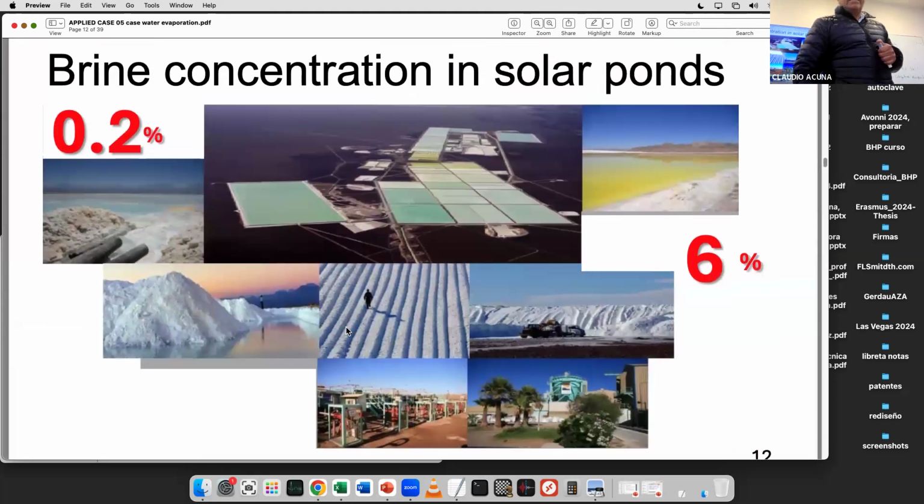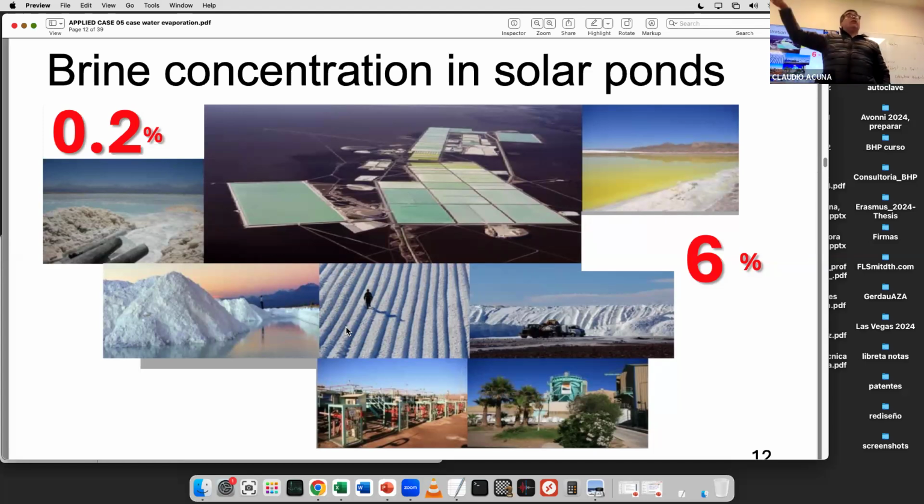This is the diagram. You start with saline solution, 0.2% lithium. 12, 18 months evaporating, and then you transfer the solution to a different point and remove salts. You are precipitating different salts. You end up with 6% lithium. This is the high mountains in San Pedro.